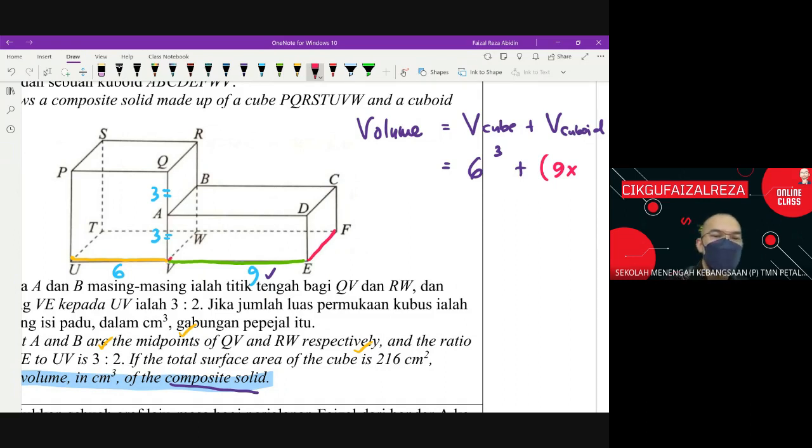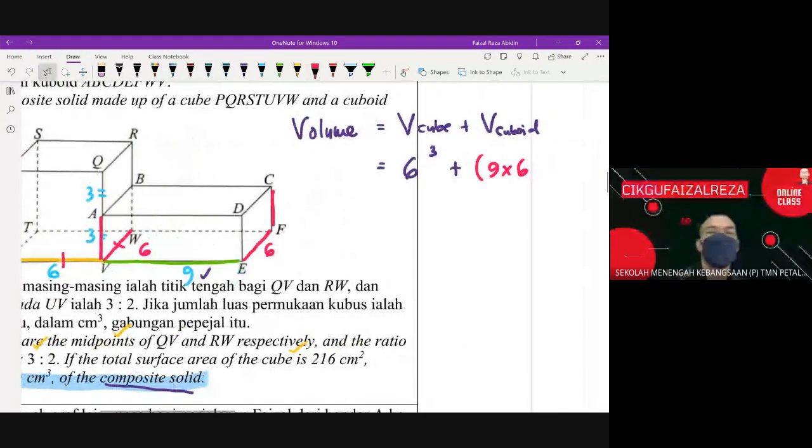Yes, it's going to be the same with VW. So if this one is 6, this one also must be 6, am I right? Yeah. So this over here is going to be the same as our AV here, right? So it's going to be times 3. Can you understand?